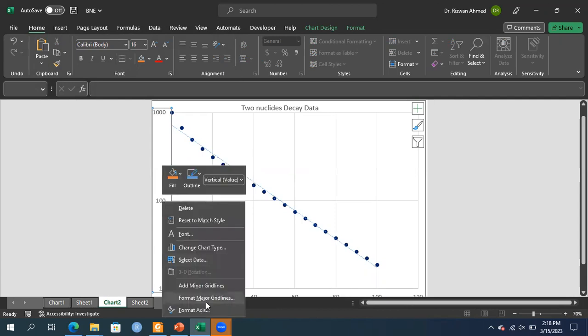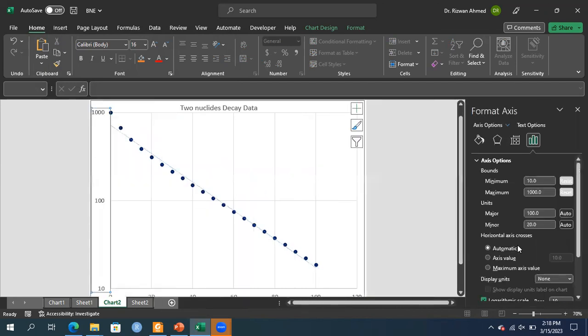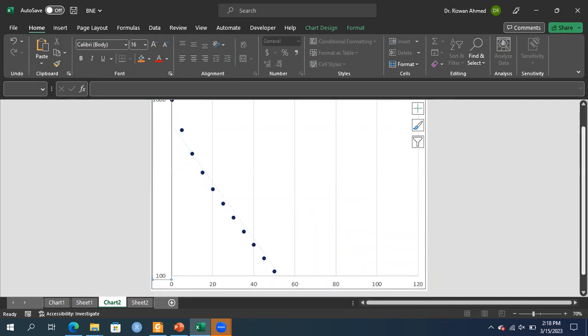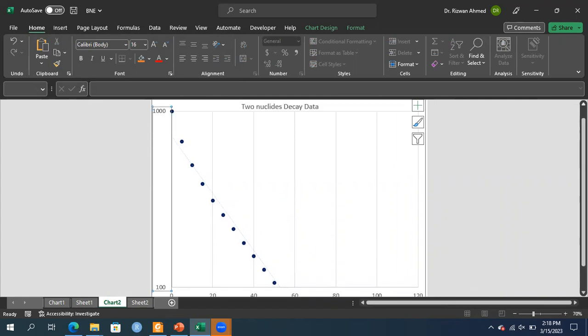To see that more clearly, I will enhance this scale, so let me start it from 100. You see the effect. The first few points seem to be quite far from an approximate straight line.